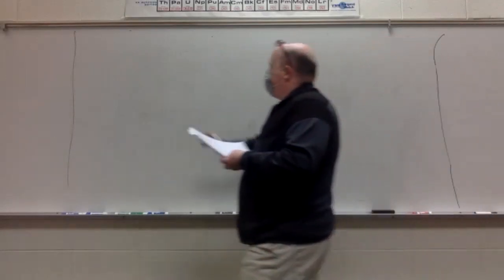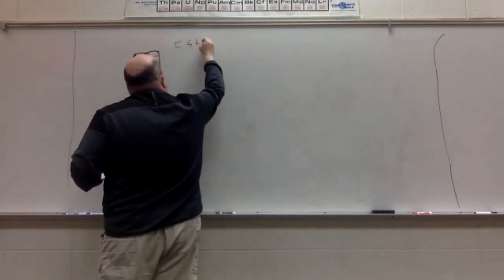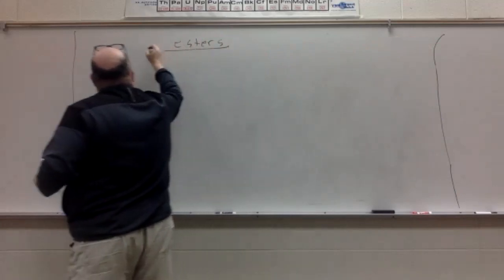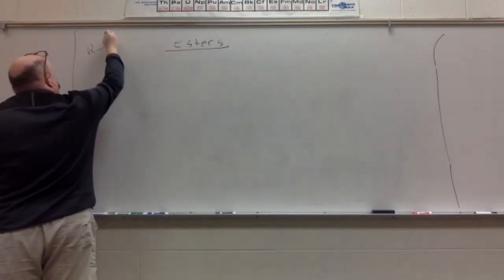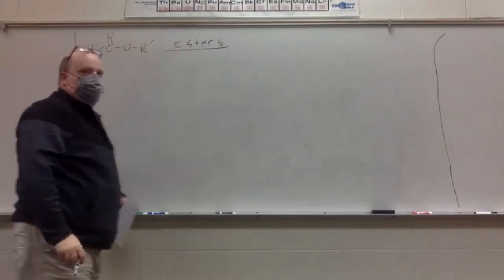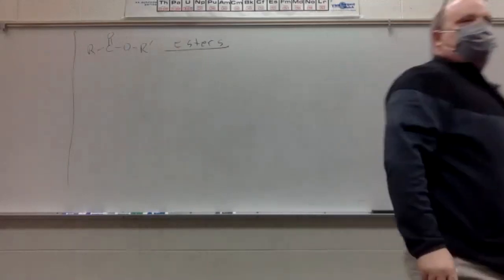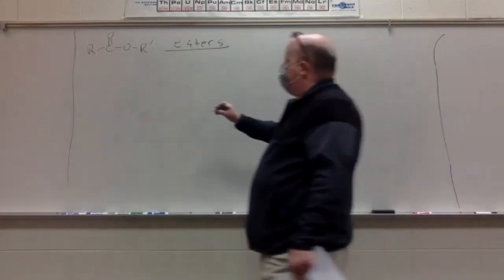All right, let's talk esters. So this is the general structure of an ester, right? Remember, it has a carbonyl group with also an OR group attached to it. Now I'm going to take this general structure and highlight a couple of different parts.